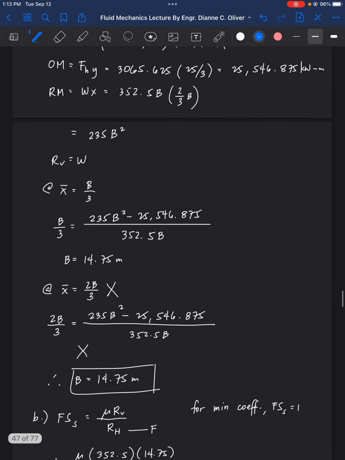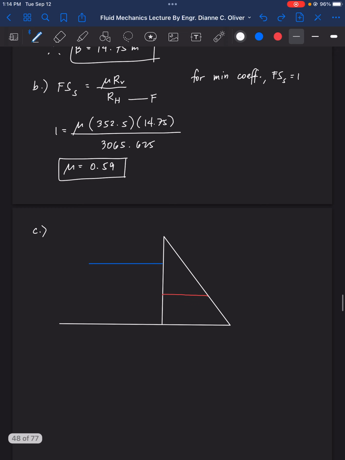So there will be a shearing at this point here. That is 10 meters.